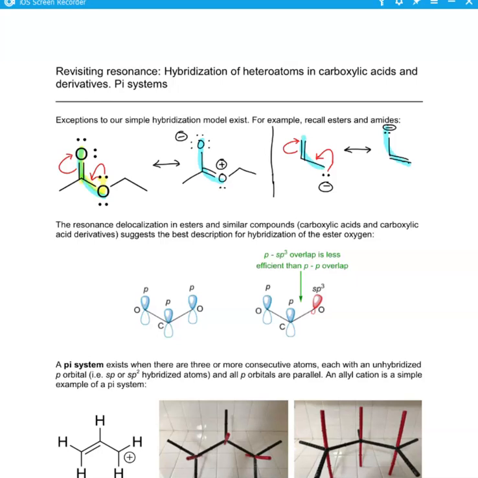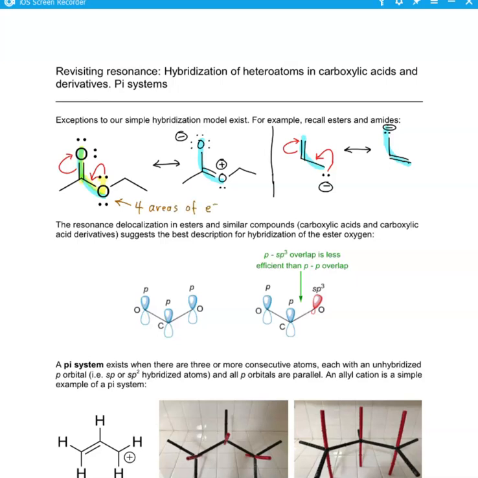For that to happen, we have to have what's called a pi system. Okay, so let's look at the ester structure again, the original ester structure. Let's take a look at the ester oxygen. Remember, the ester oxygen is the one that's not the carbonyl oxygen. Okay, so if we count the areas of electron density around the ester oxygen, we see that there are 4.